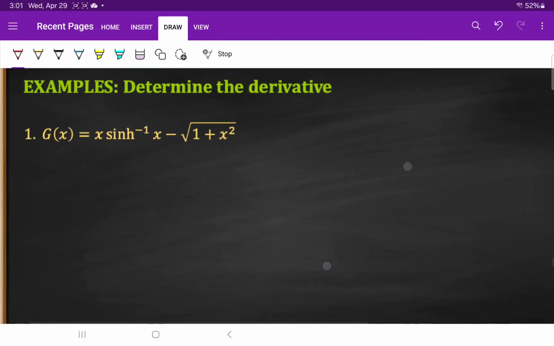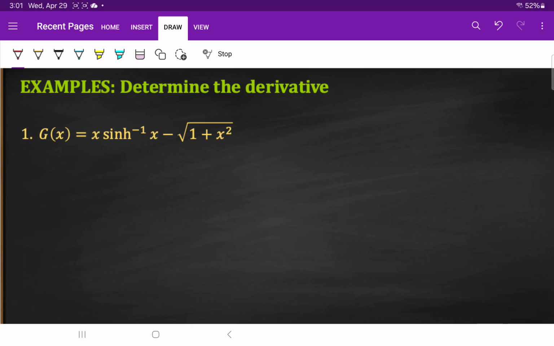Okay, let's do the first example. We are asked to find the derivative of x times inverse hyperbolic sine x minus this one. So what formula are we going to use here to find the derivative?